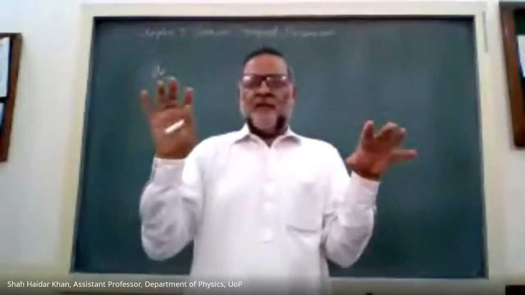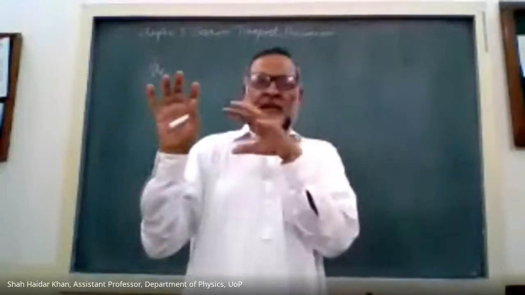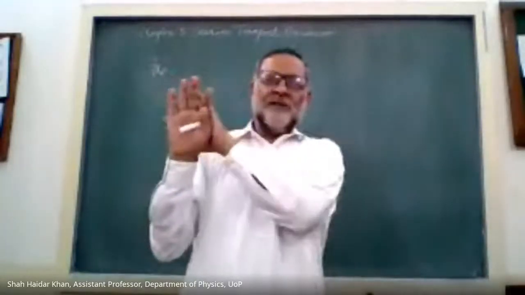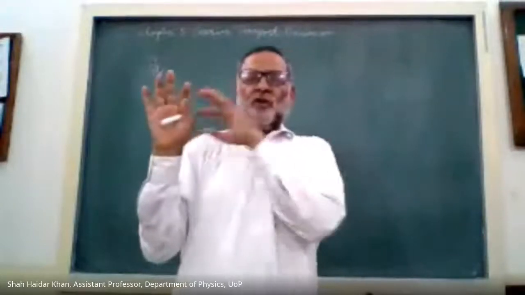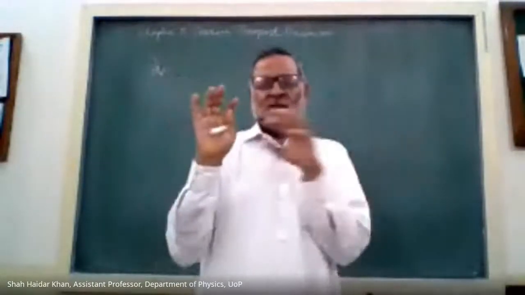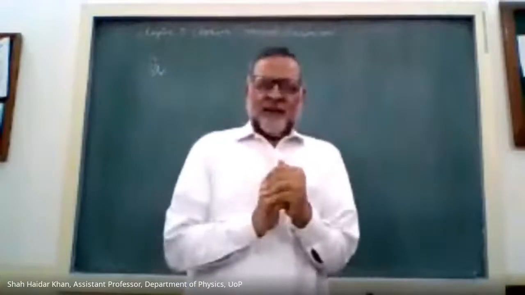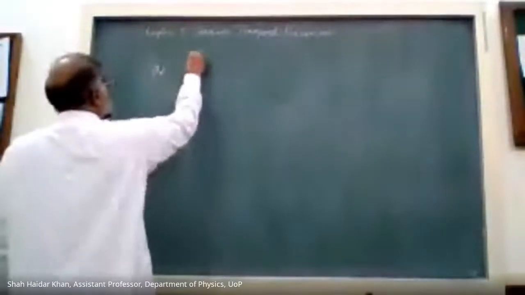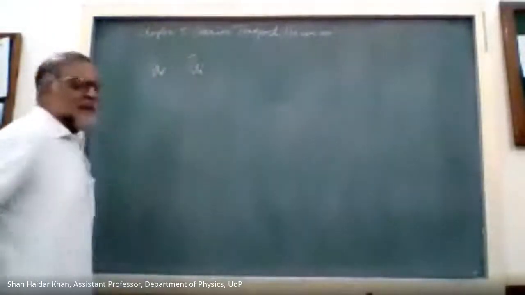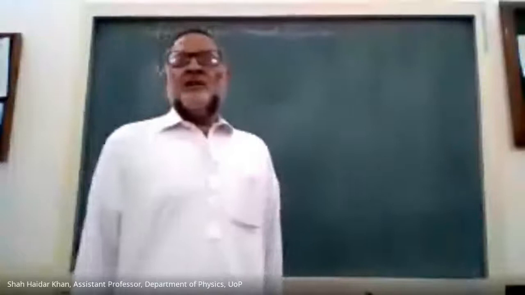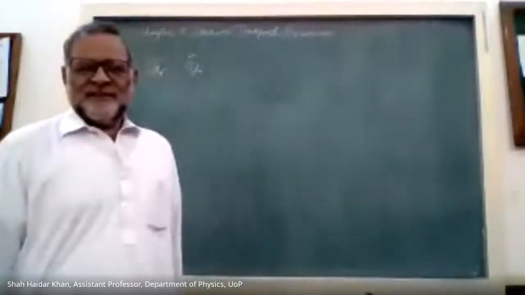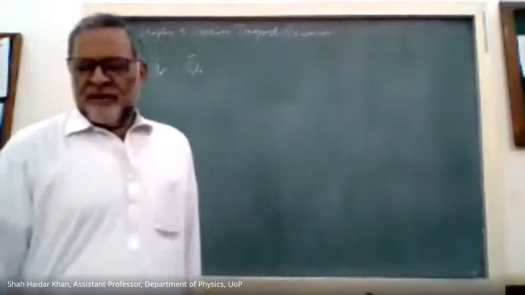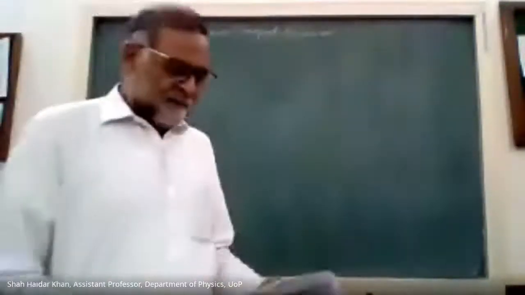Due to this concentration gradient, the charge carriers will move from the high concentration point to the lower concentration point. This will give rise to current. This current is usually named diffusion current. I will represent it by J_di, diffusion current. So two types of current inside a semiconductor sample we can discuss.